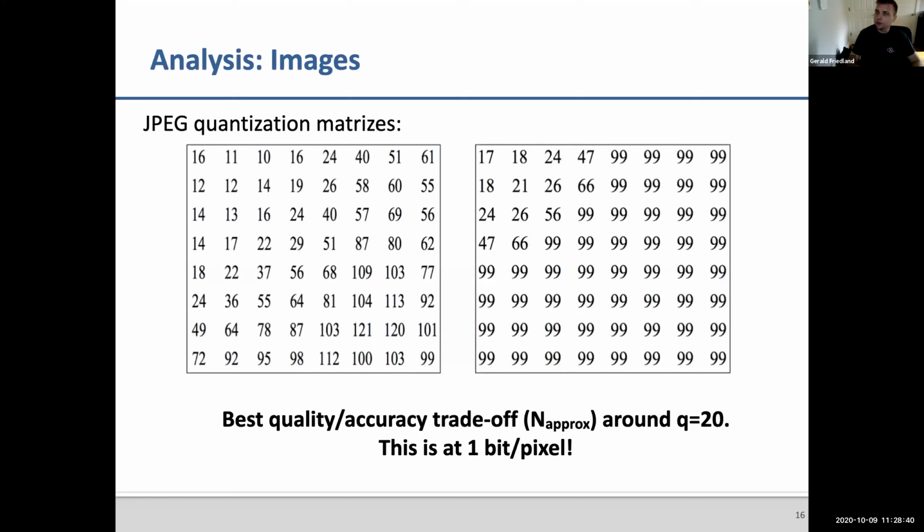So JPEG quality 20 was the point where we actually reduced noise, and we could get rid of basically most of the convolutional layers, and we just train decision layers. And that is basically based on how you calculate, going into the depths of the algorithm, 1 bit per pixel. So H is 1 bit, N is 23.